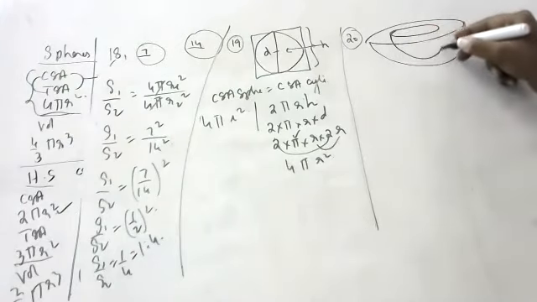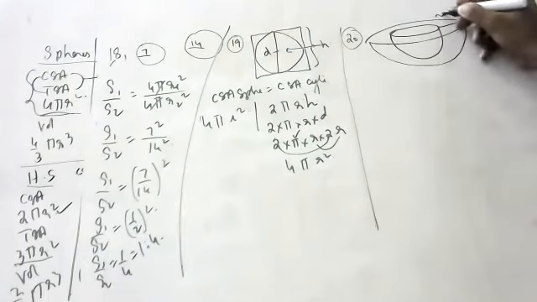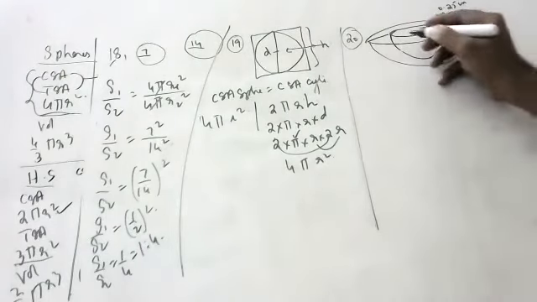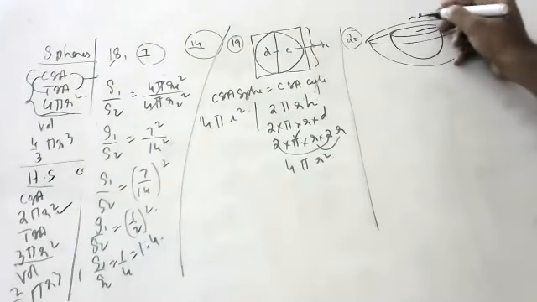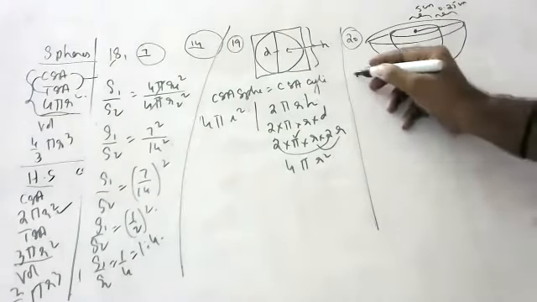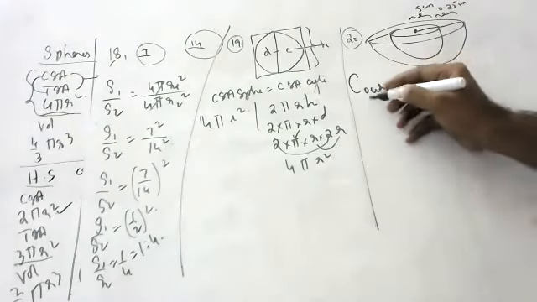Please mute your audio. I will ask you after telling the question. 0.25 centimeters is the thickness, from here to here. Inner radius is 5 centimeters. Question is find the outer CSA.